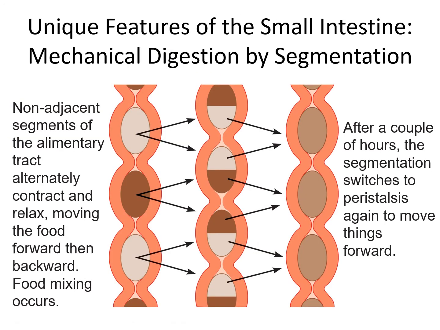Movement of food through the intestine is not entirely in one direction. The food does move back and forth a bit, and that's to help it mix. So what you're seeing here is something called segmentation. In the first diagram, we can see that we have these segments of partially digested food. They're shown in different colors so you can see what's going on. And what happens is this constriction here is going to open up and allow these two packets of material to mix together, and that's what we see over here.